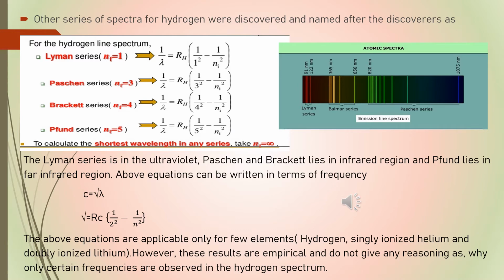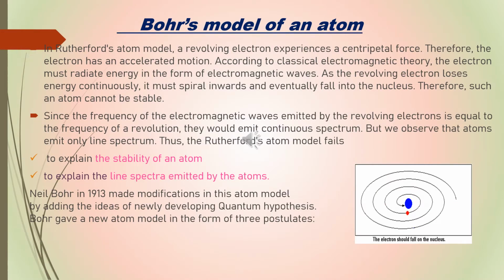However, these results are empirical and do not give any reason why only certain frequencies are observed in the hydrogen spectrum. In Rutherford's atom model, a revolving electron is experiencing a centripetal force.